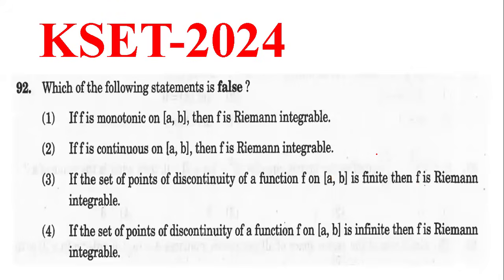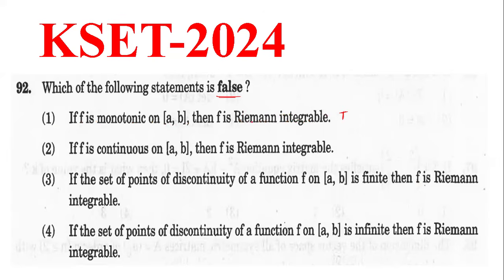Next, KSET 2024 question. Which of the following statements is false? They are asking for the false statement. First option: if f is monotonic on the closed interval AB, then f is Riemann integrable. This is true. Every monotonic function has a finite number of discontinuities.